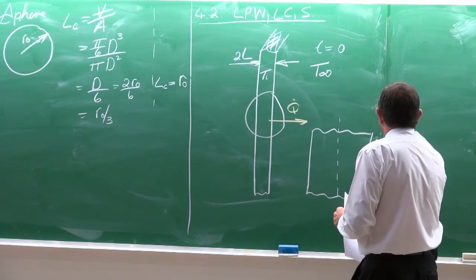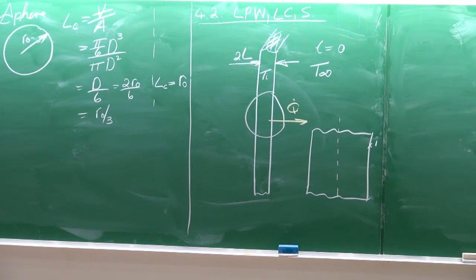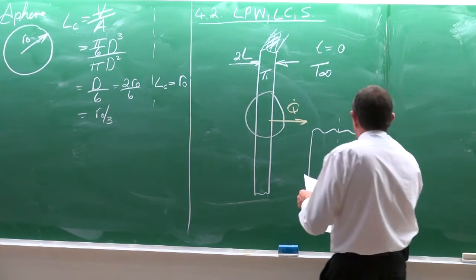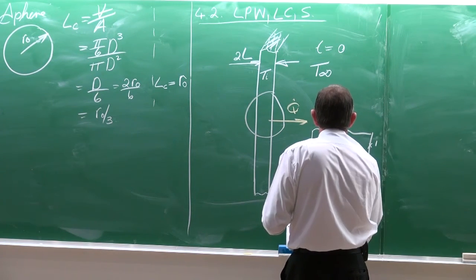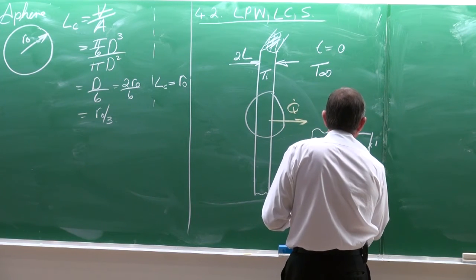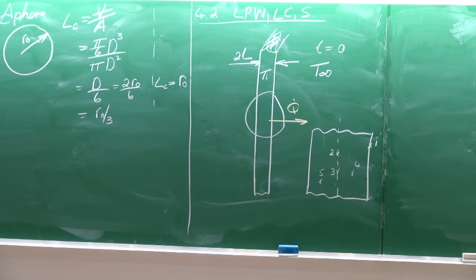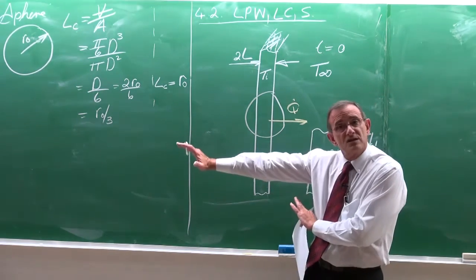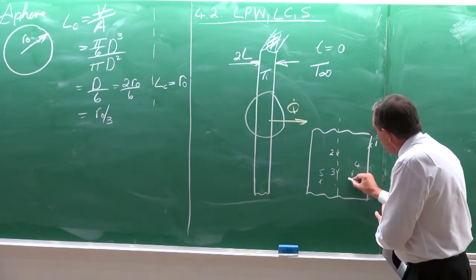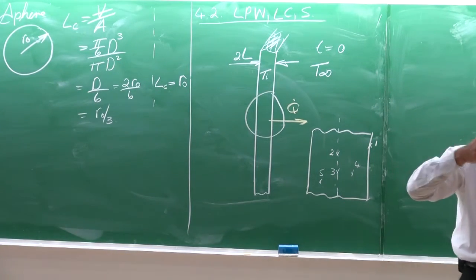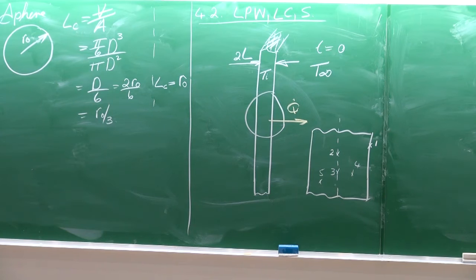Let's suppose that is point 1 on the surface. That is point 2 there on the center. That's point 3 there. There's point 4 and there's point 5, etc. Okay. So what we would like to do now, which is different than the lump system approach, is we would like to know at different positions in the body what is the temperature. Okay, so it is a more complex type of solution.